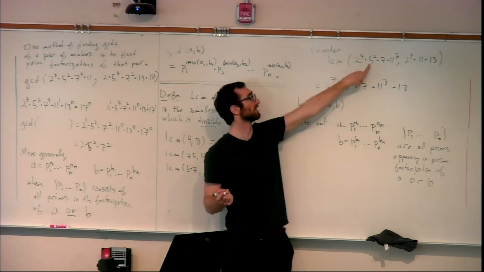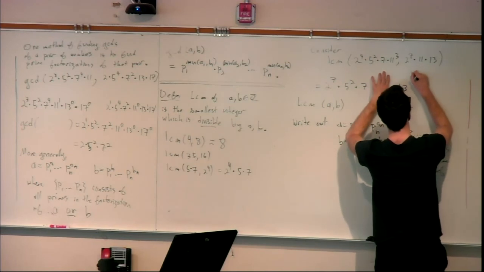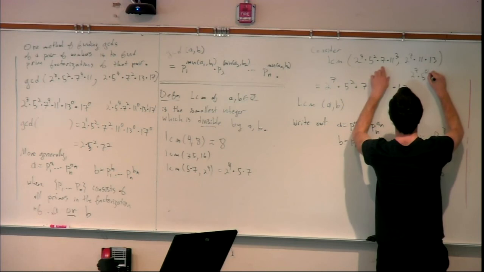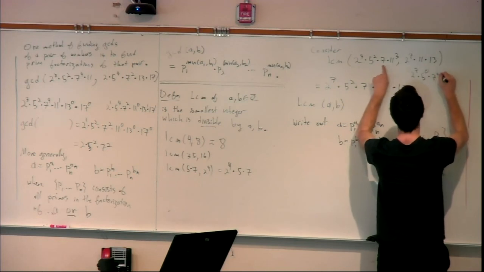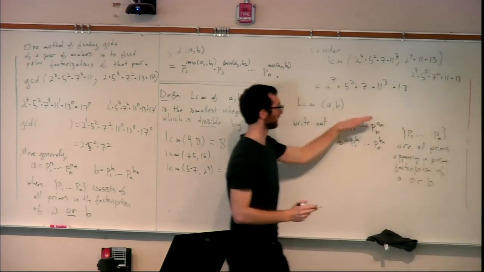For instance, if I'm writing this out for this number as a product of all the primes that appear, this is 2 to the 7th times 5 to the 0 times 7 to the 0 times 11 times 13, right? So zeros can appear.